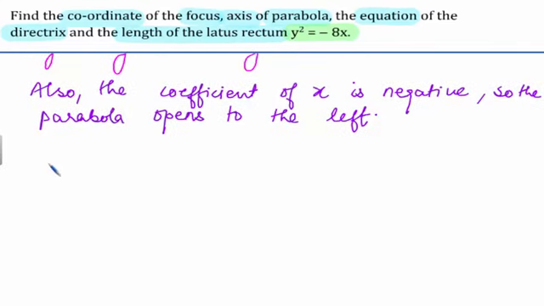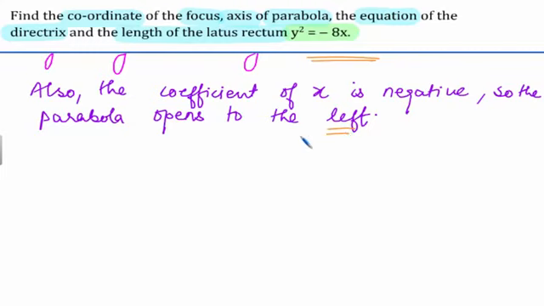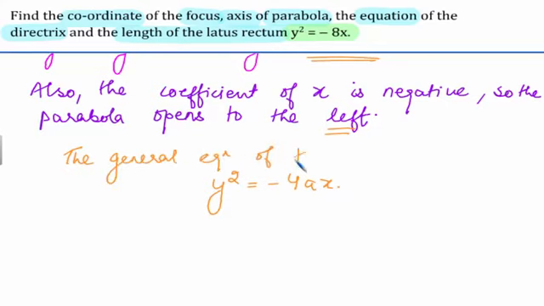And we know that the standard equation of the parabola, whose axis of symmetry is along the x-axis and which opens towards the left, is given by y square is equal to minus 4ax. So this is the general equation of the parabola.